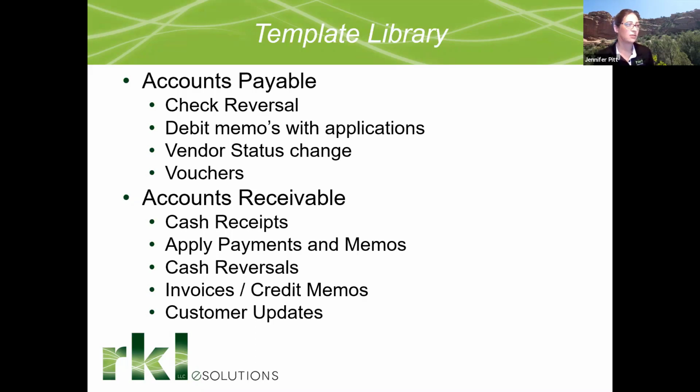We have an accounts payable check reversal, debit memos with applications, vendor status changes, vouchers, accounts receivable, cash receipts, apply payments and memos, cash reversals, invoices and credit memos, and then customer updates, like what we looked at.